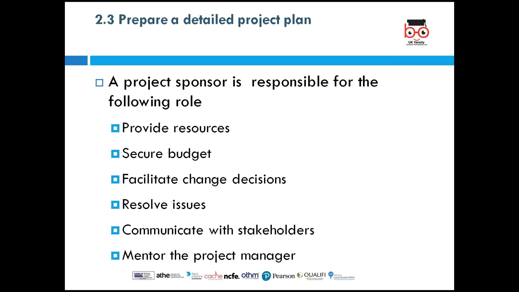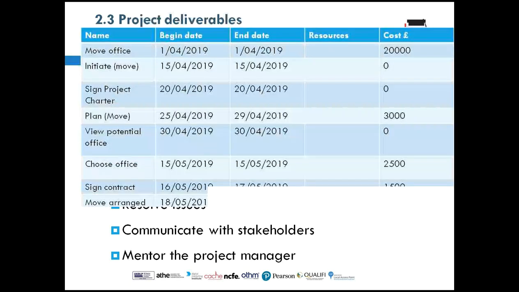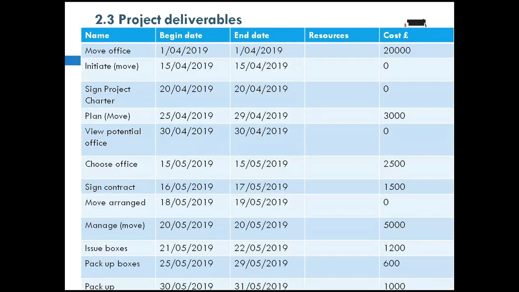A sponsor is responsible for providing resources, securing a budget, facilitating any change decisions, resolving issues, communicating with stakeholders, and mentoring the project manager. So their roles are different. Just understand that. Good. Now, let's look at an example of project deliverables.